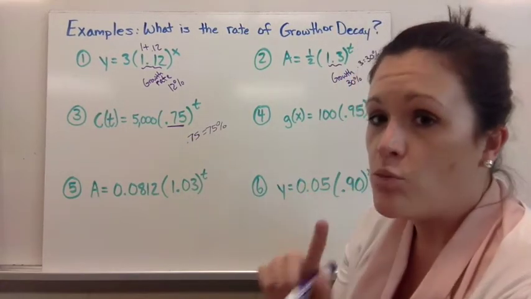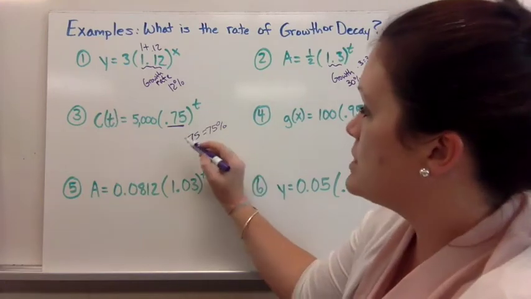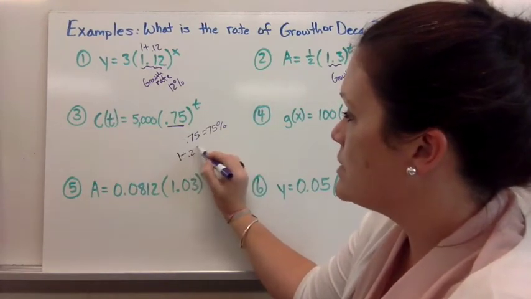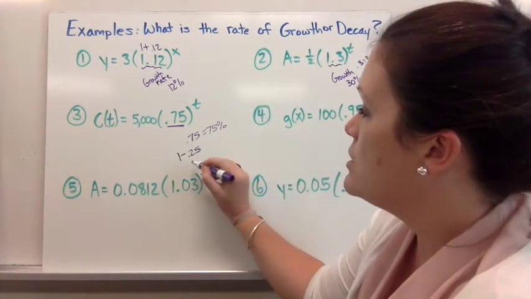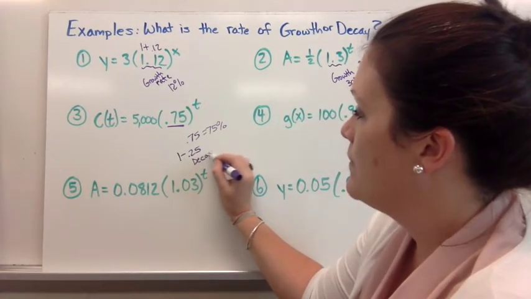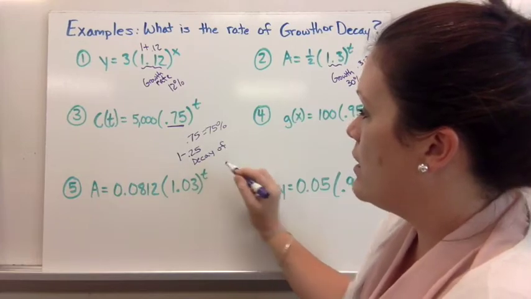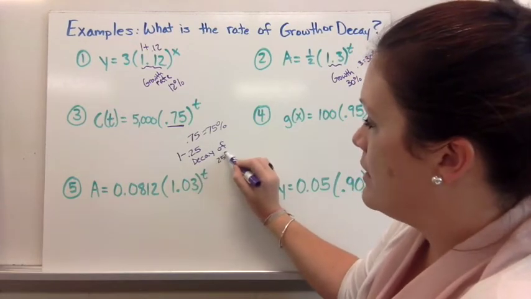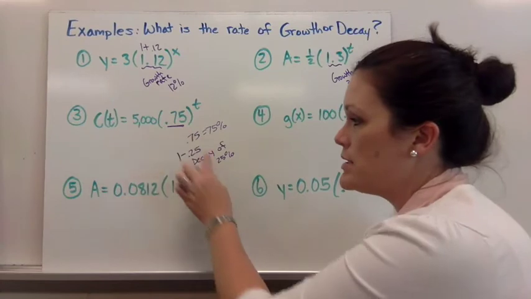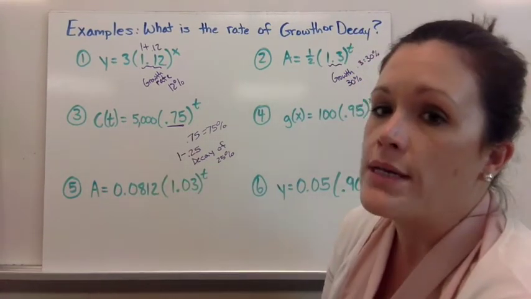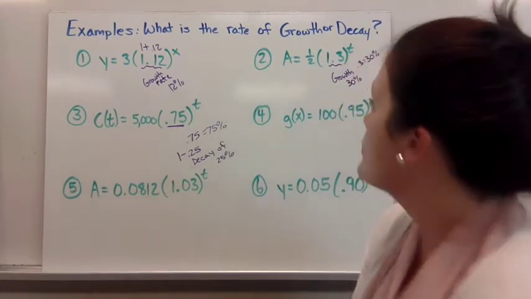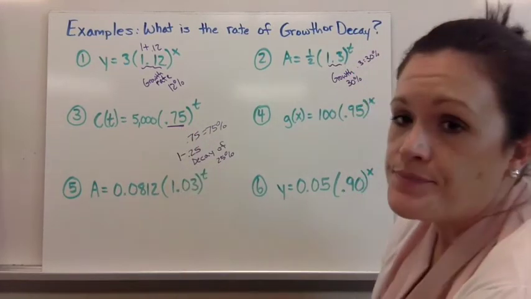But that's less than 1 by 25%. So 1 minus 0.25 is where you could have come up with 0.75. So this one was a decay at a rate of 25%. Because it's less than 1, it's decay, or depreciated, or declined, or it went down in value somehow by 25%.